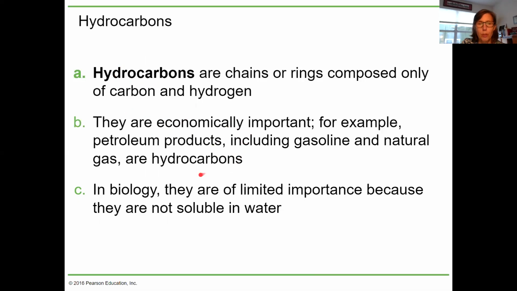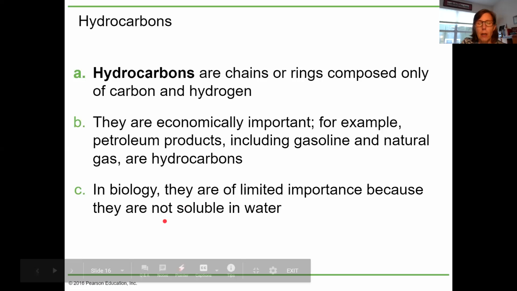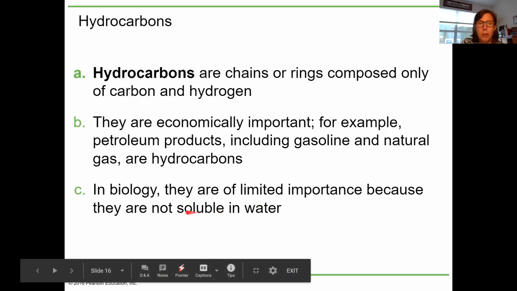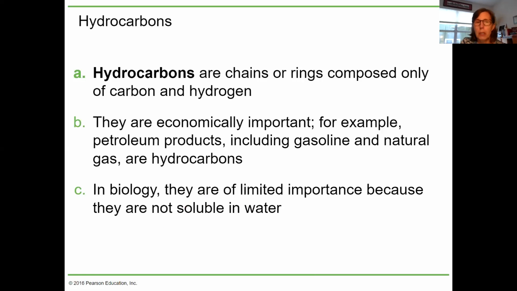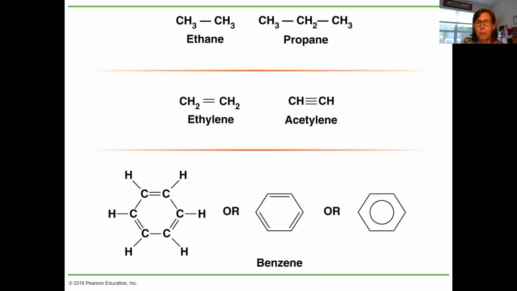They are important for fuel, and they are important structurally for membranes. Now, they are not soluble in water, so this is one of the big sticking points of hydrocarbon chains, and that's what composes lipids. So lipids are not soluble because of the large component of hydrocarbons.